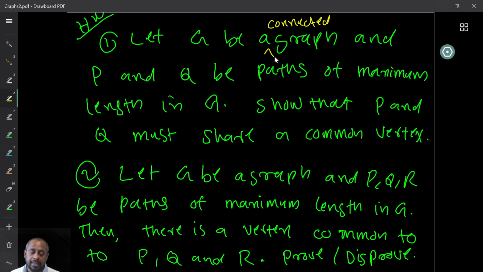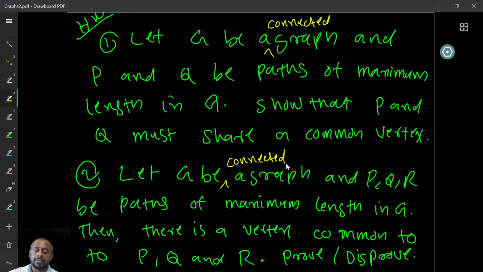Then let G be a connected graph, and P, Q, and R be paths of maximum length, all of the same length, the largest possible length in the graph. Then there is a vertex common to P, Q, and R, like all of them pass through the same vertex. So you prove or disprove this.